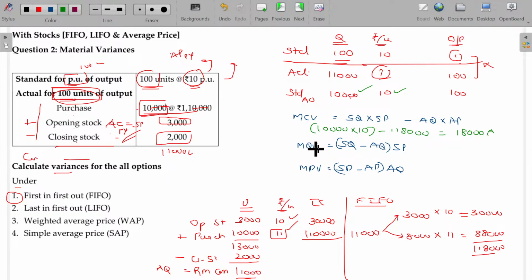In case of quantity variance, standard quantity being 10,000, actual quantity 11,000 units consumed, standard price being 10, so 10,000 adverse.